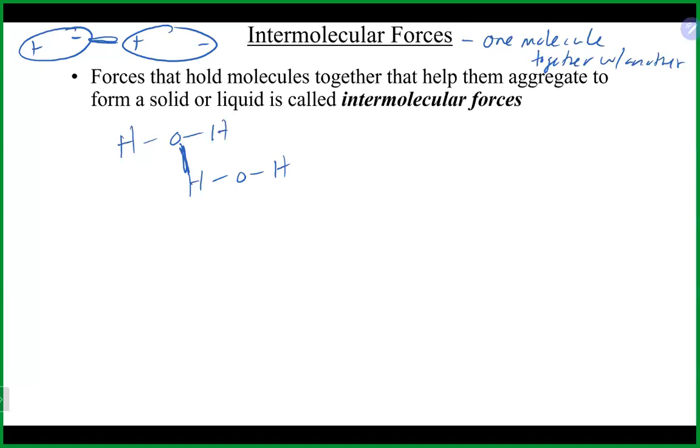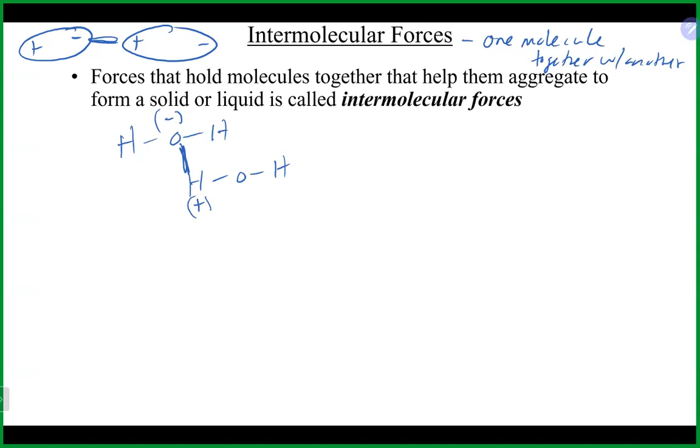Some work stronger than others, and some need something to occur to allow that separation of charge, but they all basically come down to a simple positive and negative side. For example, with water, oxygen is more negative and hydrogen is more positive, so that is the attractive force between the two. That's known as hydrogen bonding, as we'll talk about, which is an intermolecular force.